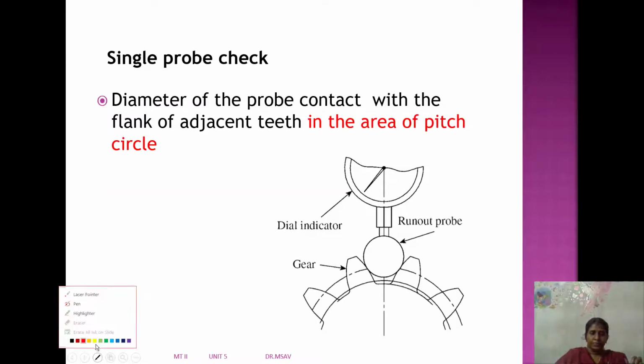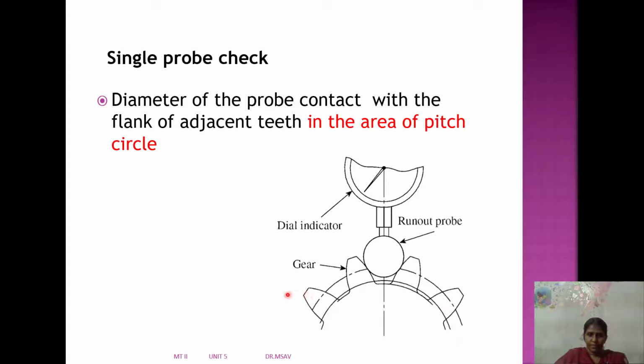Here we have only one probe, which is known as the single probe check. It is only one probe, which is connected to the dial indicator. The diameter of the probe contacts the flank face. This is the flank face. This center is the pitch circle.